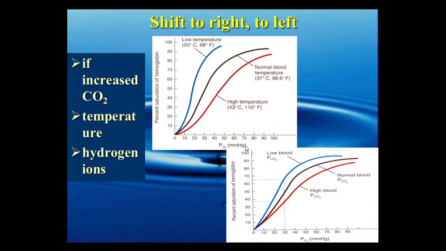And you can see here shifts to right and shifts to left at the changes of temperature and carbon dioxide pressure. So these factors can influence the process both of combination, or association, between oxygen and hemoglobin and dissociation of this complex.